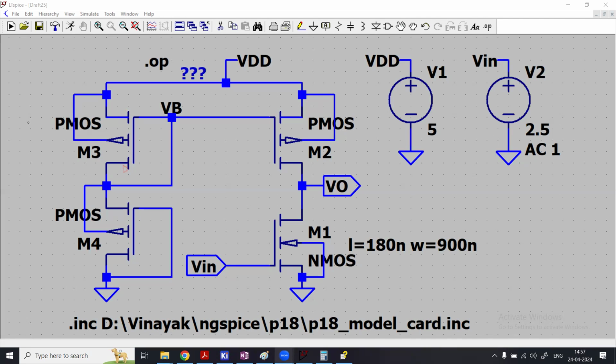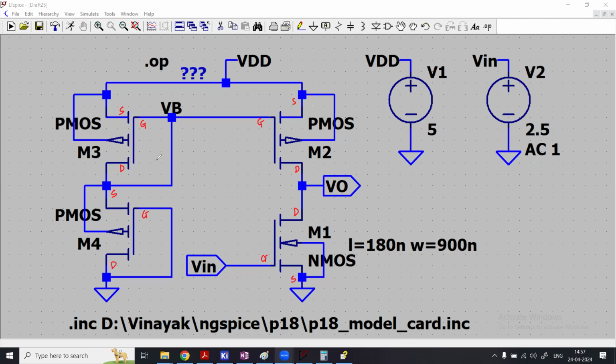Let me in fact write them. Here is the source pin, drain pin, and that's your gate pin of the PMOS. Here also the gate pin, your source pin, and the drain pin of the PMOS. Same goes here. You have a source pin, a drain pin, and this is your gate pin. Only for the NMOS, we have the drain pin here, the gate pin, and the source pin.